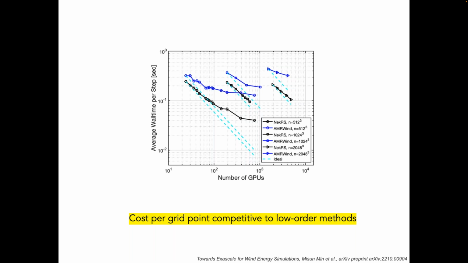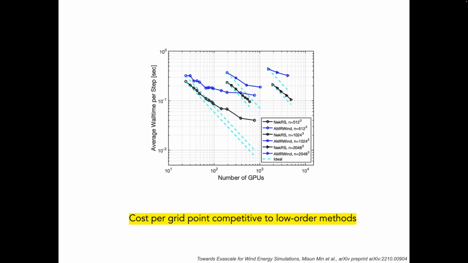Obviously, a lot of things kick in here, so you cannot directly compare the two and draw any conclusion just about the spatial discretization. But you still get an idea, and you can see we're constantly faster than this other code.